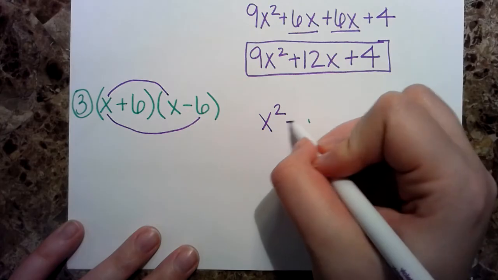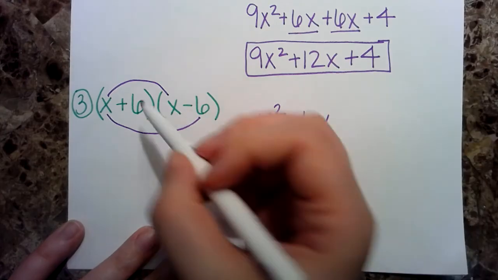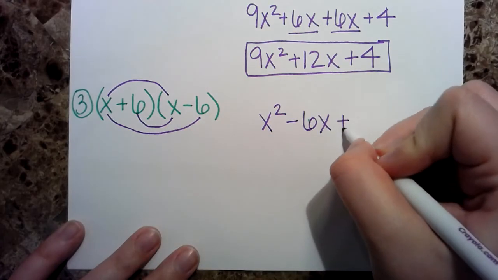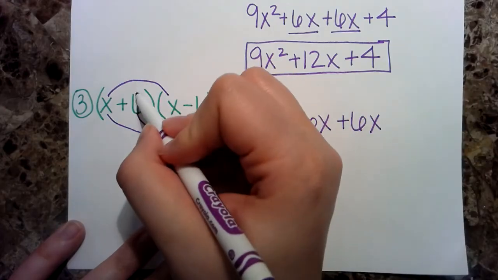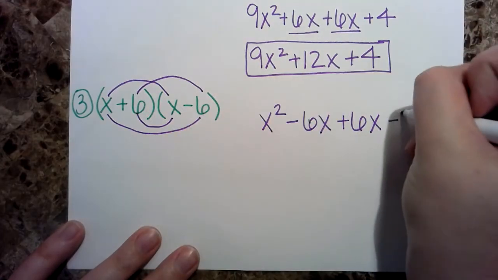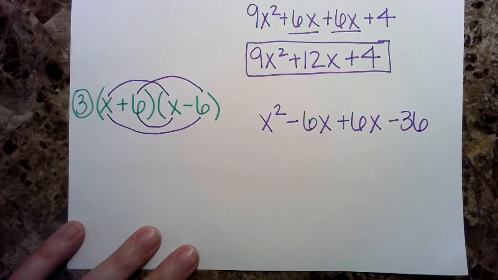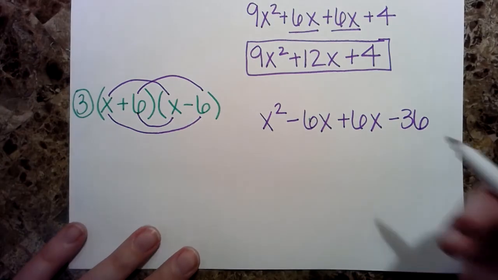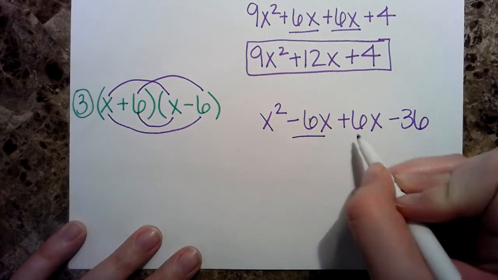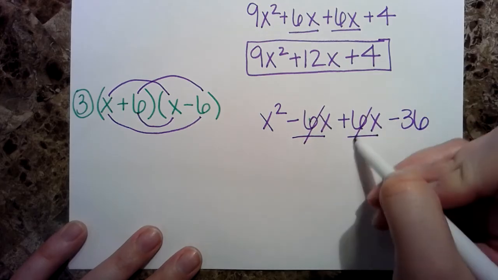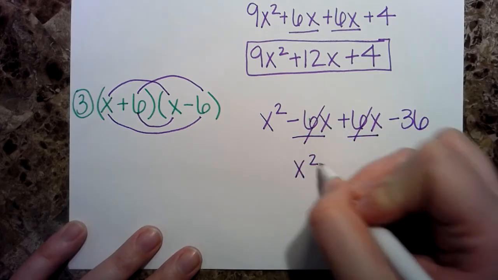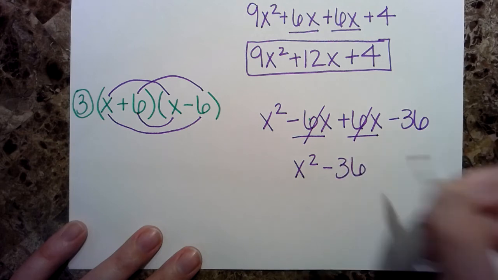Outer, we're going to multiply. Inner, plus 6x. And then last, which is negative 36. What happens in the difference of two perfect squares is that the middle terms cancel. So I'm left with x squared minus 36.